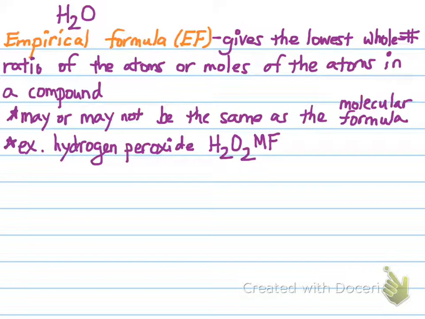No. So our empirical formula for peroxide is HO. So hydrogen peroxide is an example where our empirical and molecular formulas are different from one another. Water is an example where they are the same.